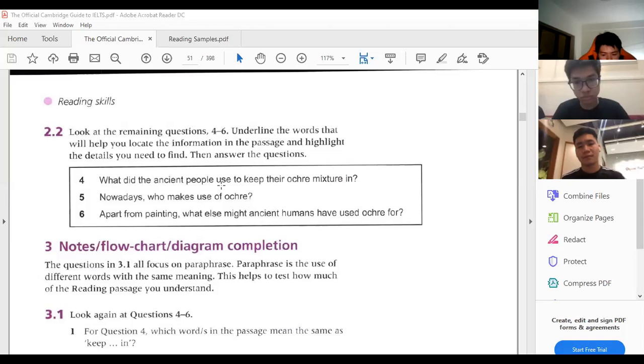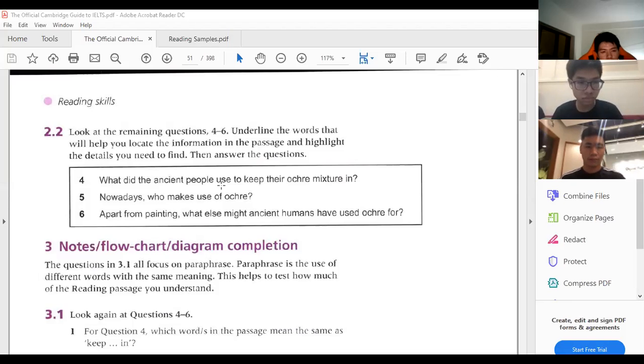And the detail is keep the ochre mixture in. Does everyone agree with Panya's answer? He said ancient people is the keyword, and you need to search for what they used to keep the ochre mixture in. Agree or disagree? Yes. Okay, very good.